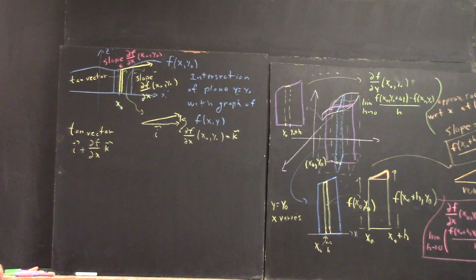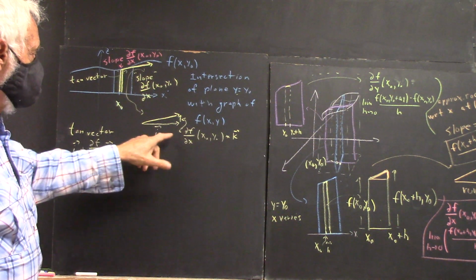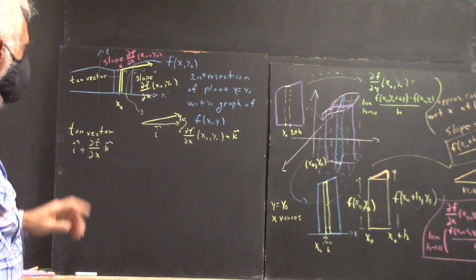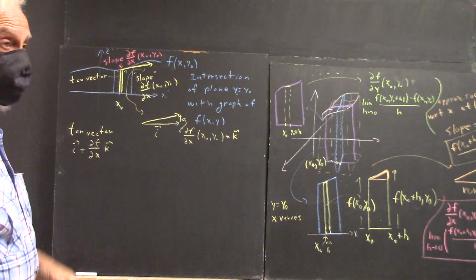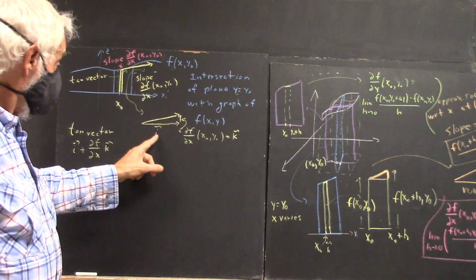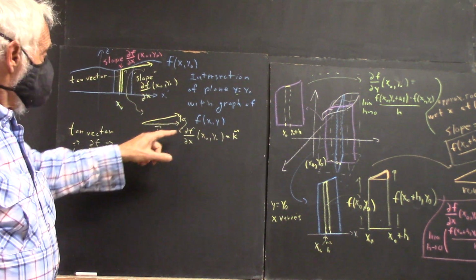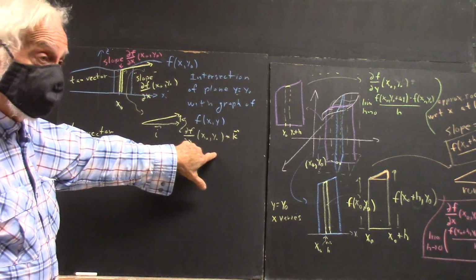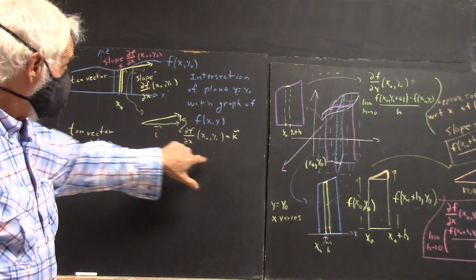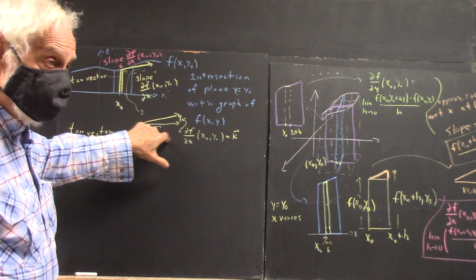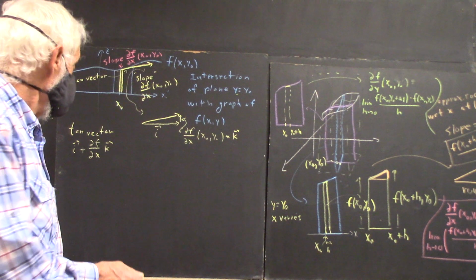And of course, you understand why the slope of this vector here is equal to the partial derivative. Because the length of this side, the run, is 1, because that's the i vector, and the rise is, k is a unit vector, the rise is just the partial derivative. So the rise divided by the run is a partial derivative divided by 1, which is just the partial derivative.